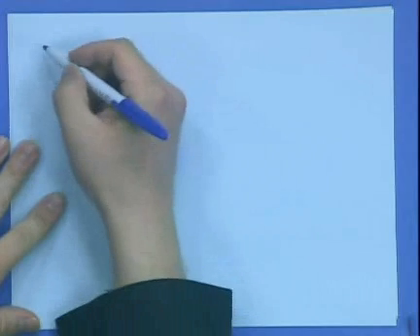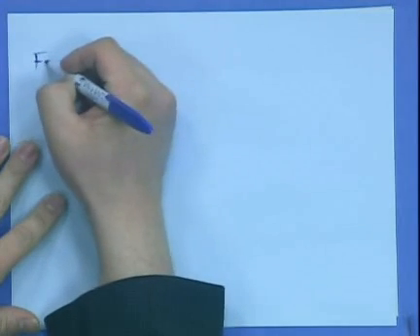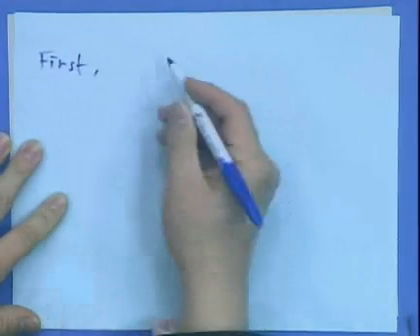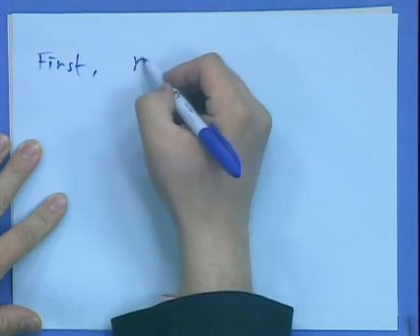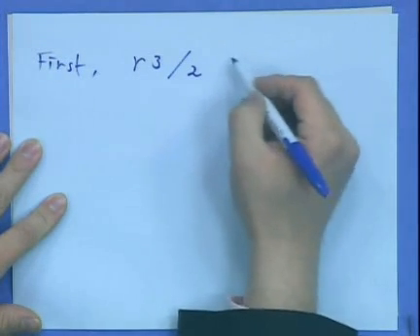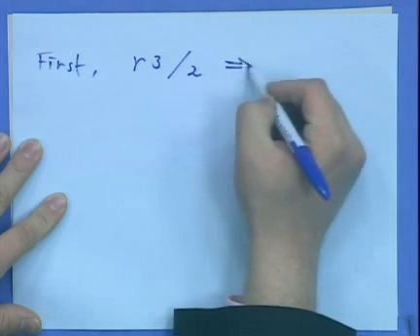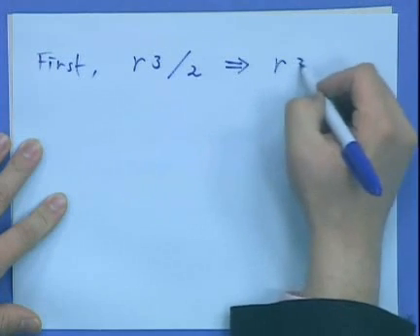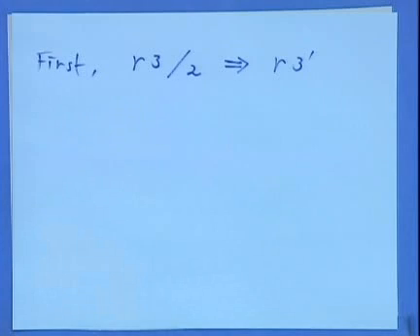First of all, row number 3 should be divided by 2, and then becomes the new row number 3, right?